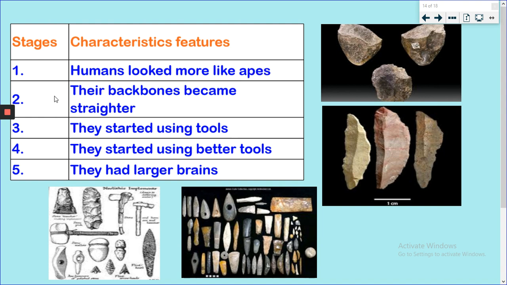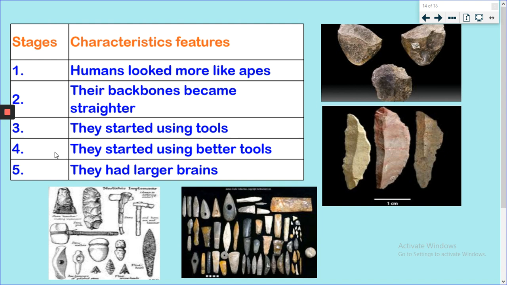Then second stage, their backbone becomes steadier. In the second stage, they can walk on 2 feet, but their backbone is bent forward, not straight. Then the third stage, they started using tools. They started to use rough, big stones as tools, okay, to hunt animals or to peel off the fruits.